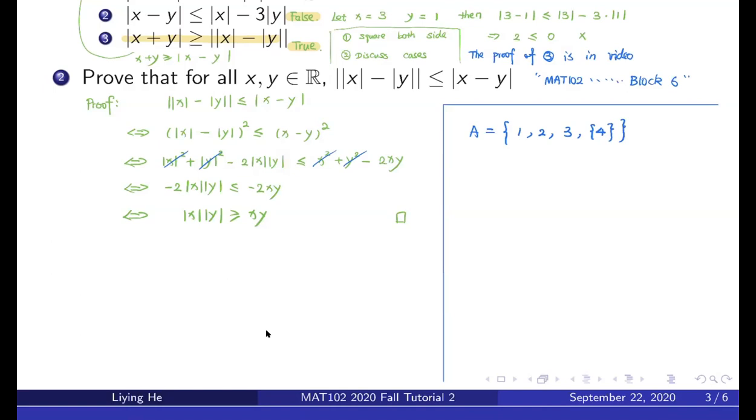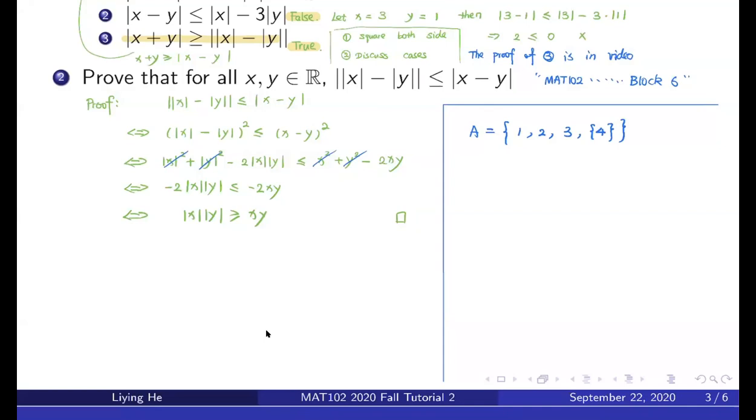Okay, how do you determine what's a subset, what's an element? Elements are those. So you see, an element of A is something that's being listed in the set.